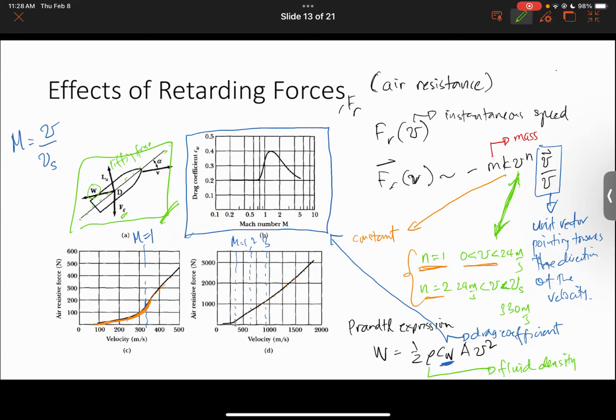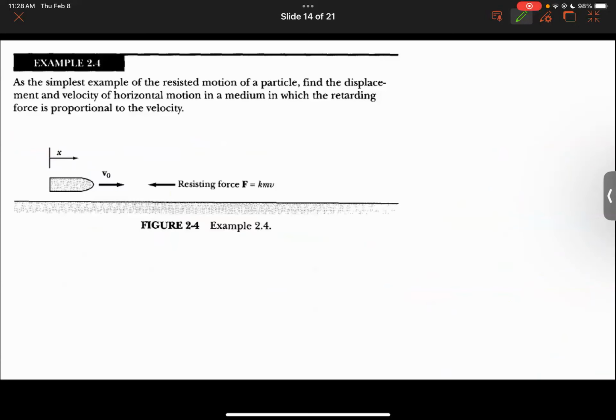Okay. So let's consider itong first example with air resistance. Dito, ito na yung pinaka-simple na example na pwede nating i-consider when it comes to objects experiencing air resistance. So, you have this object traveling at a speed v naught, okay, and it has this displacement x.